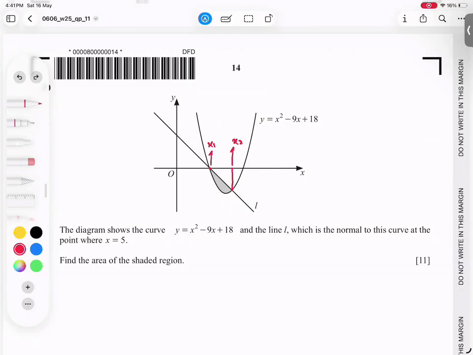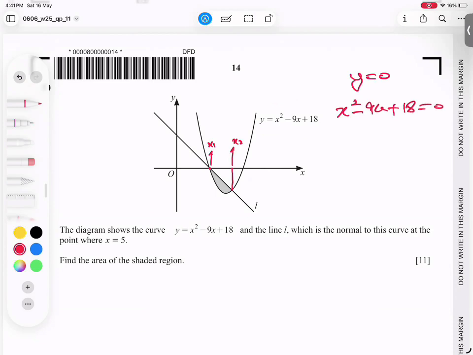And how to find that one? For that point, we have to plug in y is equal to 0. The reason is very clear, because I need to find y = 0. When I put y = 0, students, x squared minus 9x plus 18 is equal to 0.